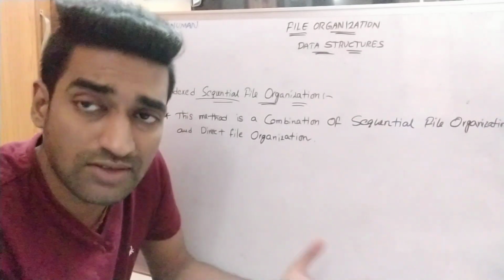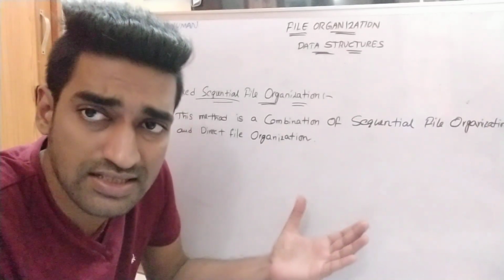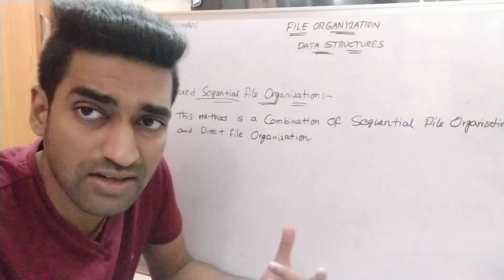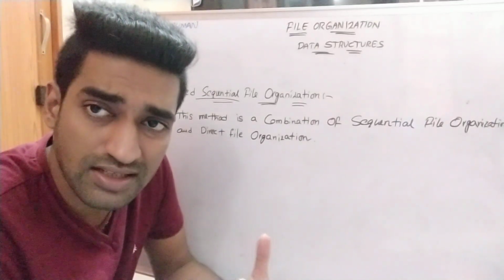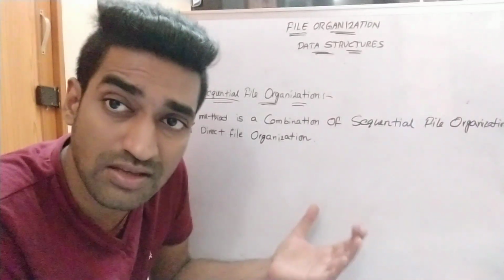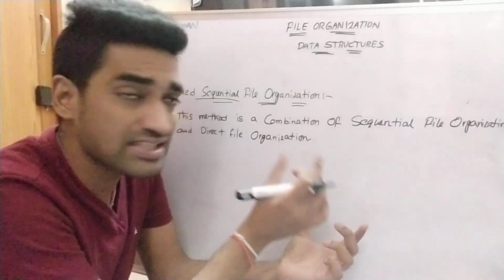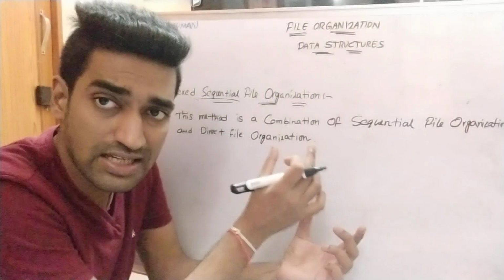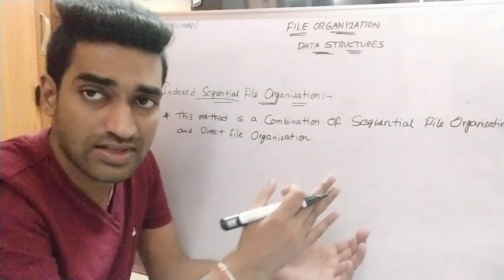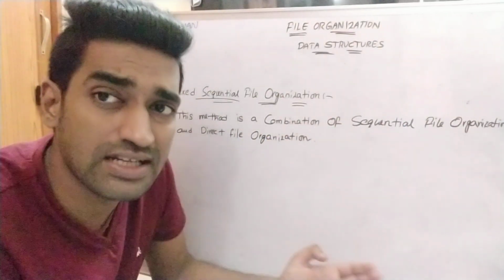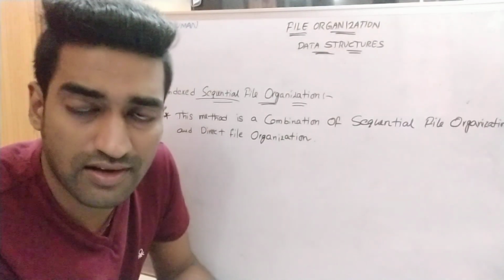Then that file organization is called indexed sequential file organization. That extra information is nothing but an index. So that's why this file organization is called indexed sequential file organization.